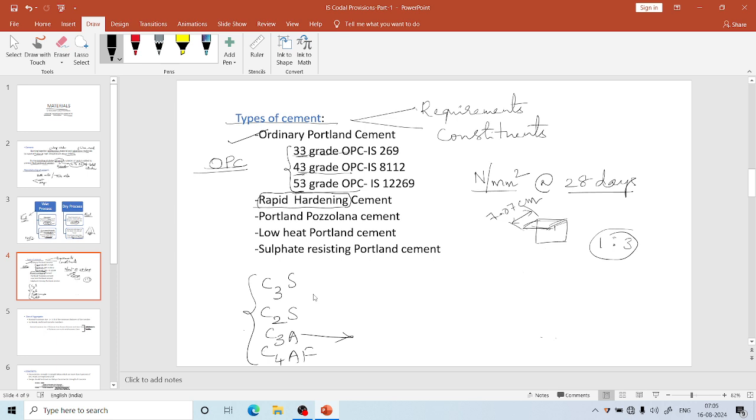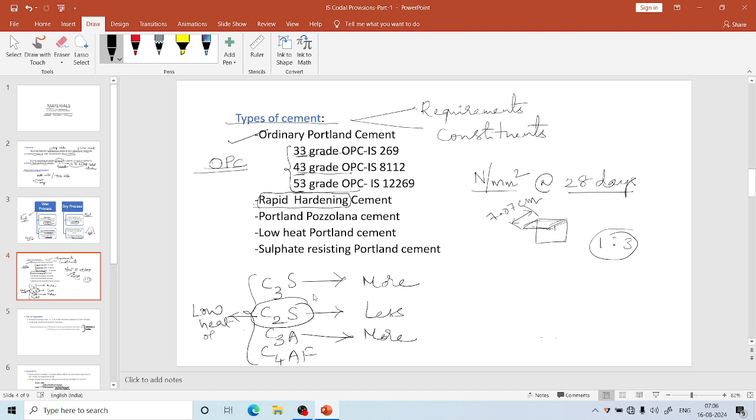So for rapid hardening of cement, we need C3S and C3A to be more and C2S to be less. So why should C2S be less? Because it has low heat of hydration.